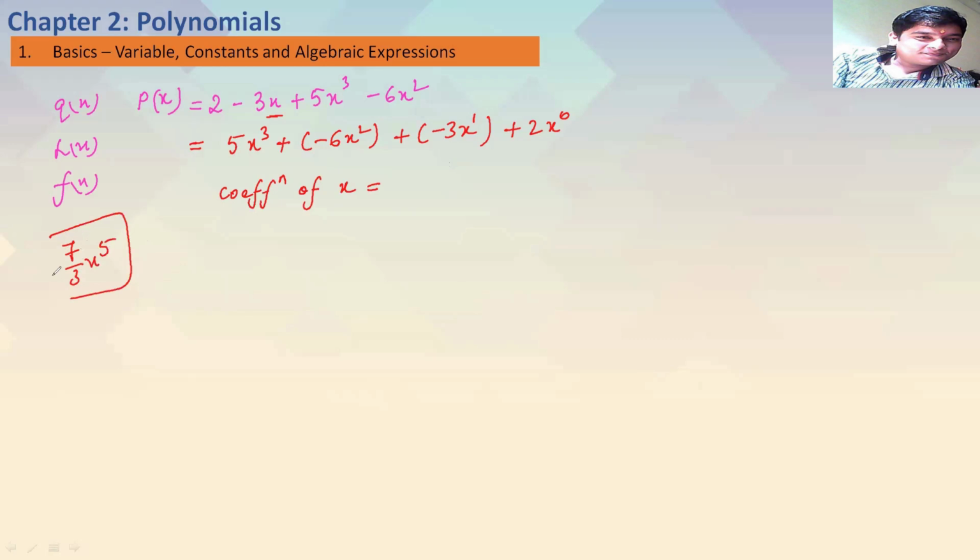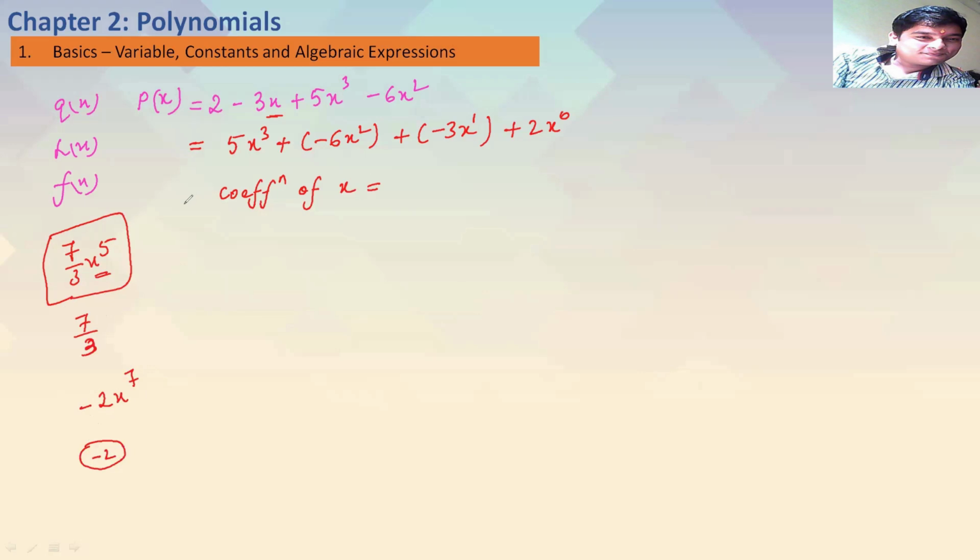For this term, the coefficient is the number in front of the variable, that is 7 by 3. Let's say you have minus 2x power 7. The coefficient is minus 2. The number that is in front of the variable is called the coefficient.